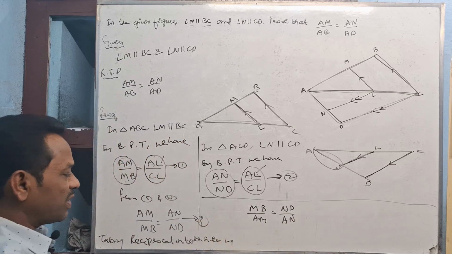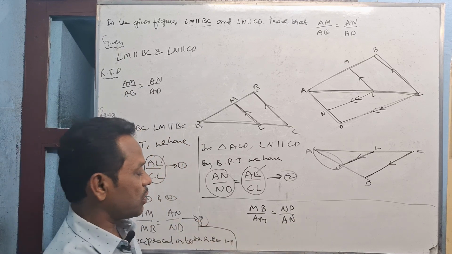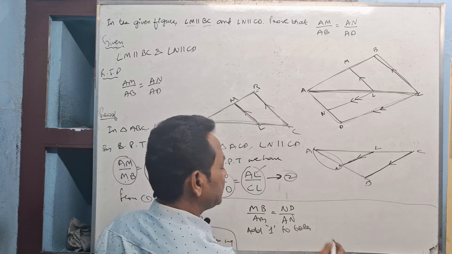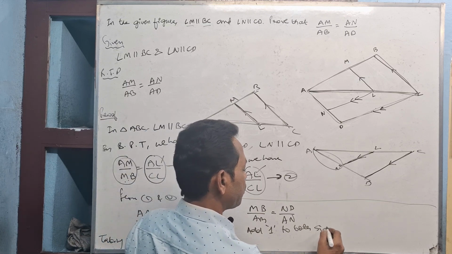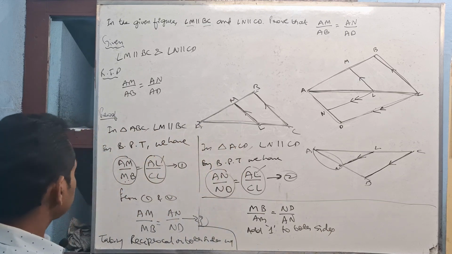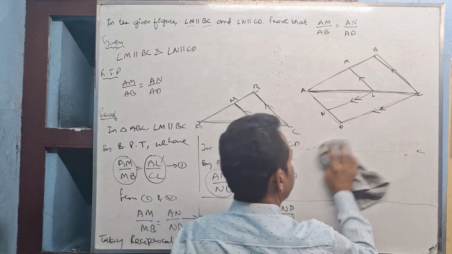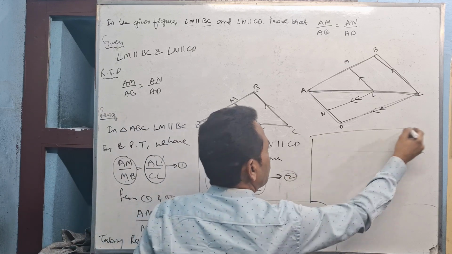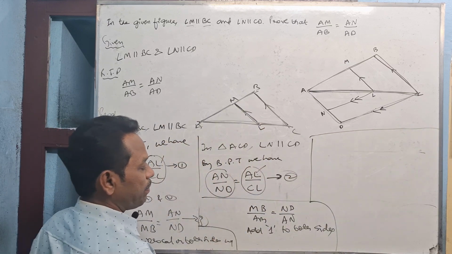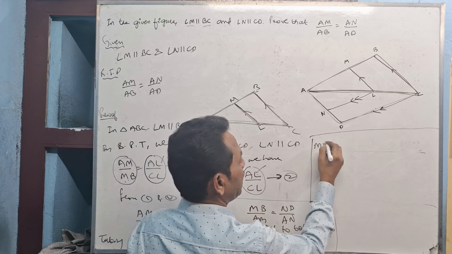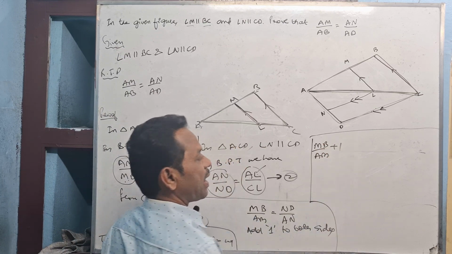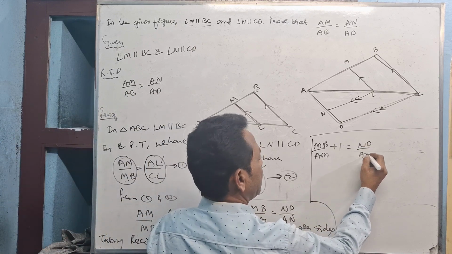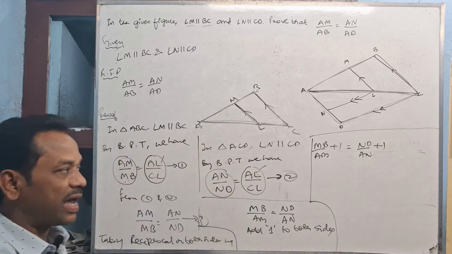Now let us add 1 to both sides, LHS and RHS. We get MB by AM plus 1, adding 1 to LHS, and similarly ND by AN plus 1, adding 1 to RHS.